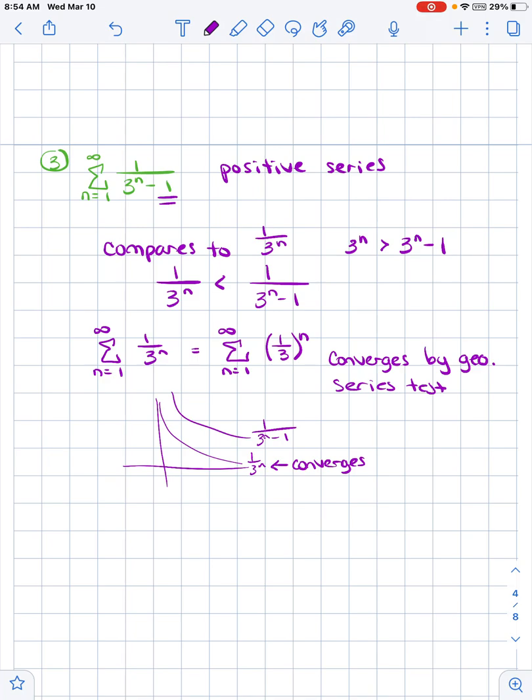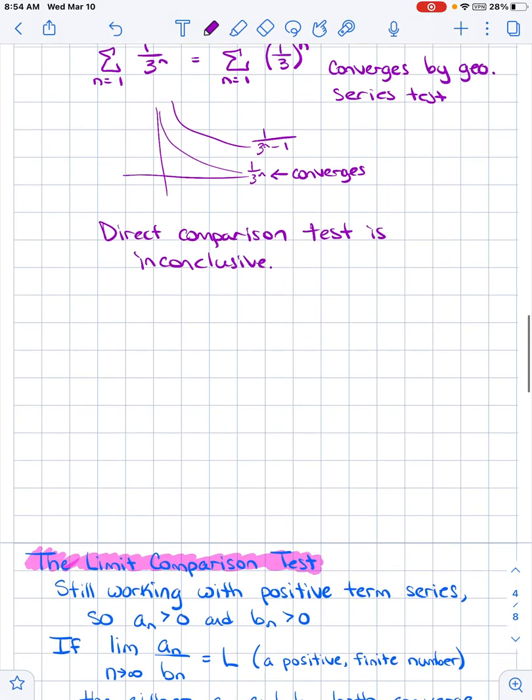I don't know if 1 over 3 to the n minus 1 is going to converge fast enough or come to the x-axis fast enough. So unfortunately, the direct comparison test was inconclusive. We'll have to come back to this at another time with a different test. So we will come back to this.